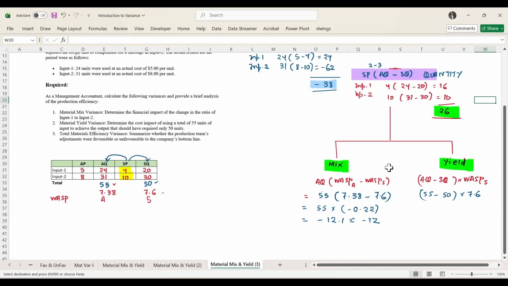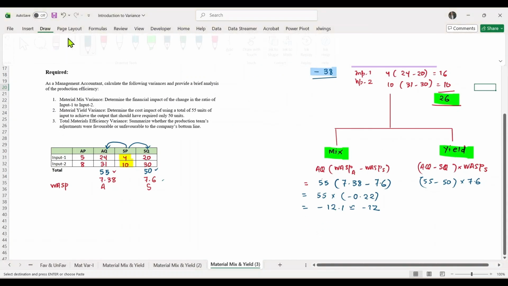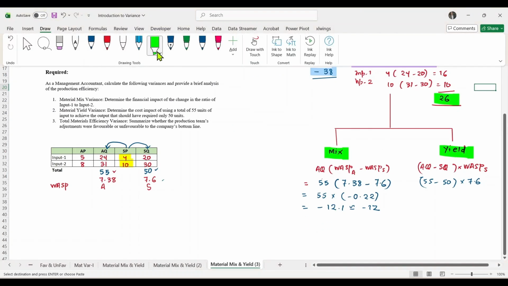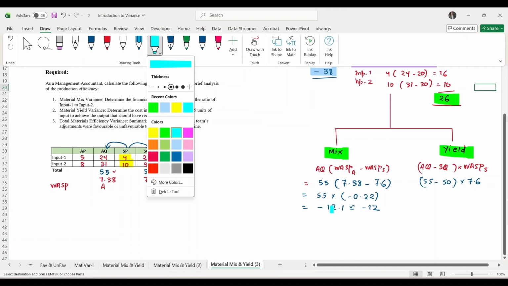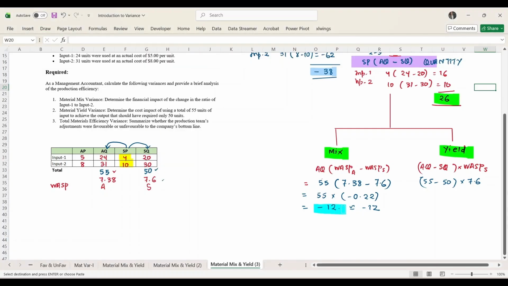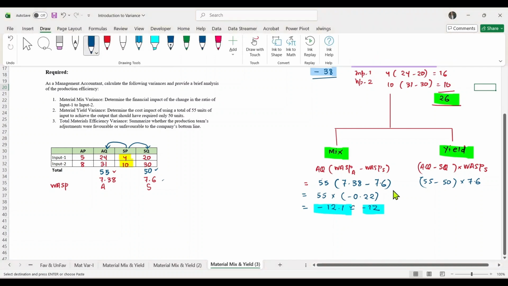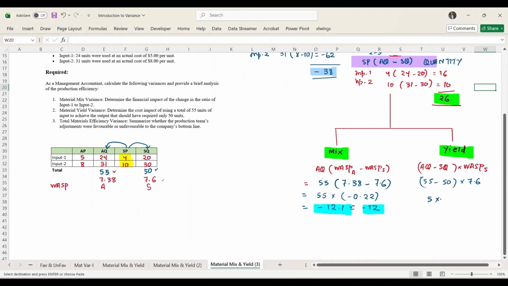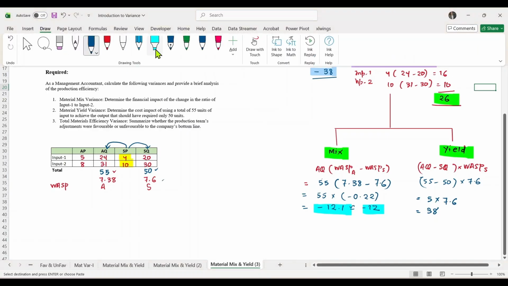Minus 12, so that is our mix variance. And our yield variance would be 55 minus 50, that is 5, into 7.6, that becomes 38. So 38 becomes our yield variance.